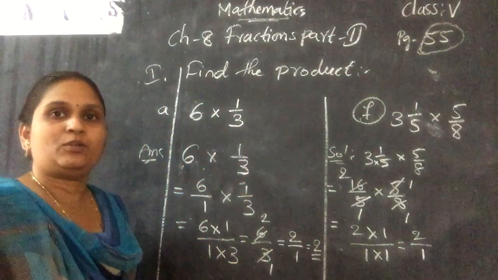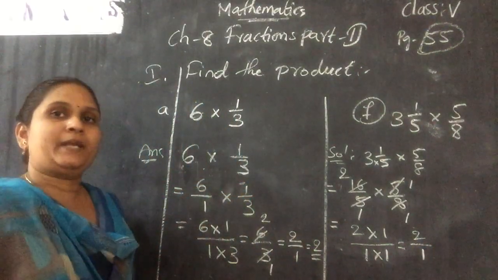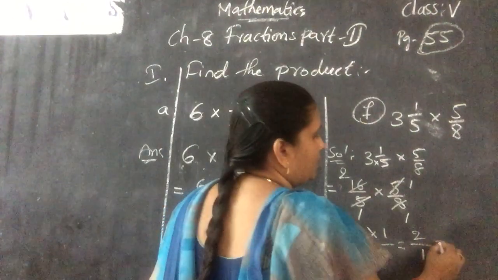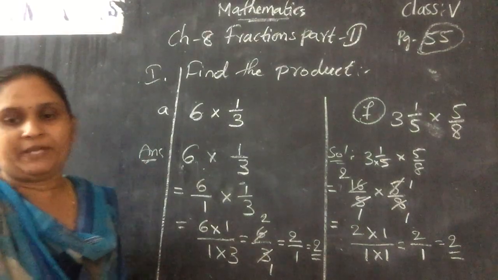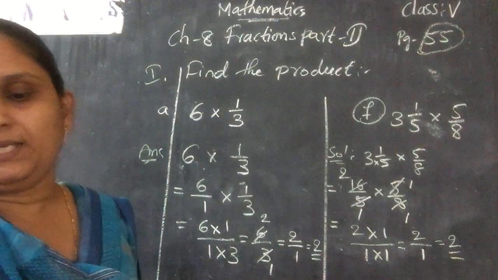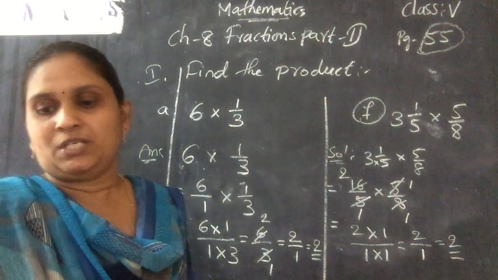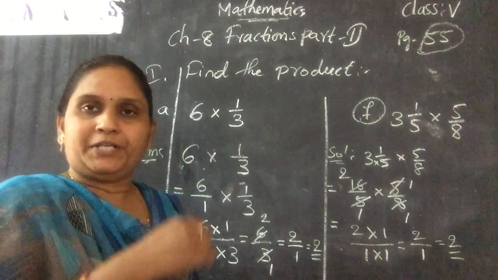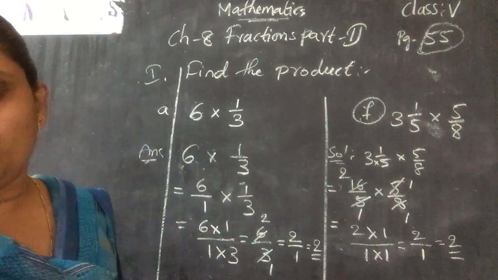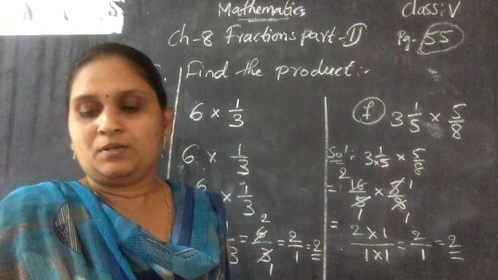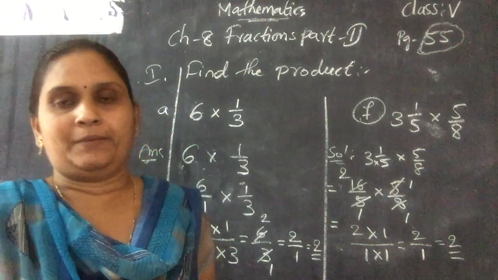If the denominator is 1, you can directly write the whole number 2, so write the whole number 2 as the answer. The remaining sums B, C, D, E, G, H, you have to do continuously in your maths notebook itself. So today's homework: complete textbook page number 55, section 1, the remaining sums.